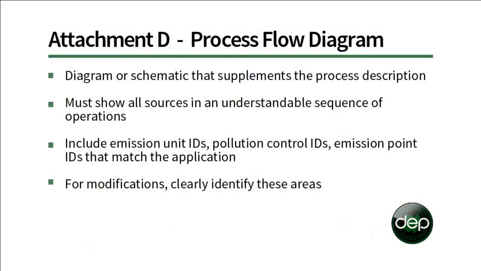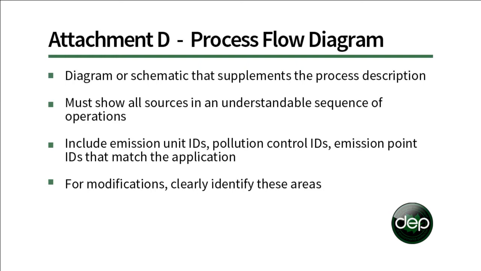We'll ask for a process flow diagram, which is a drawing that will supplement the process description. You need to show all sources at your facility, and it needs to be understandable from start to finish, with everything in between.